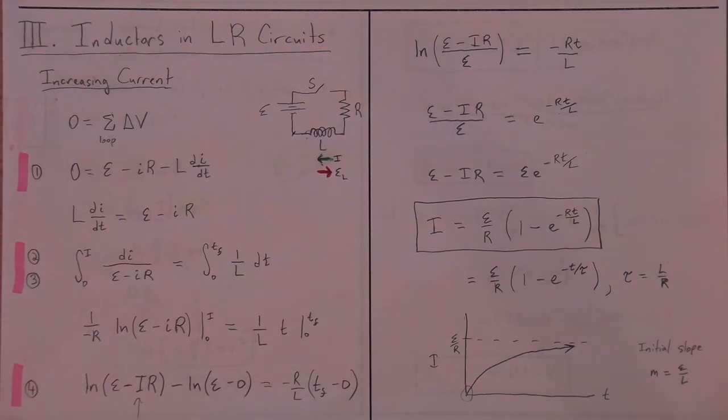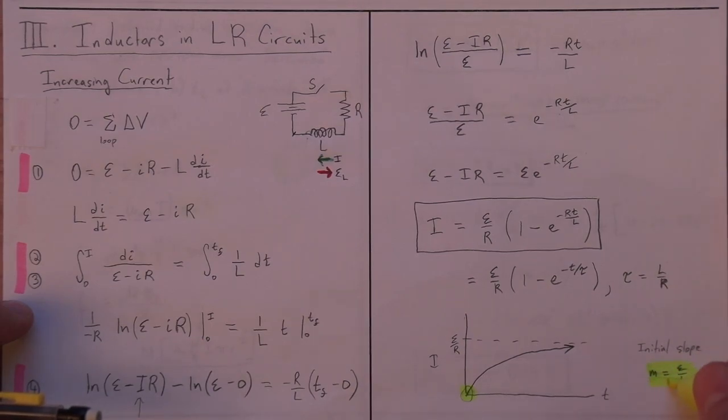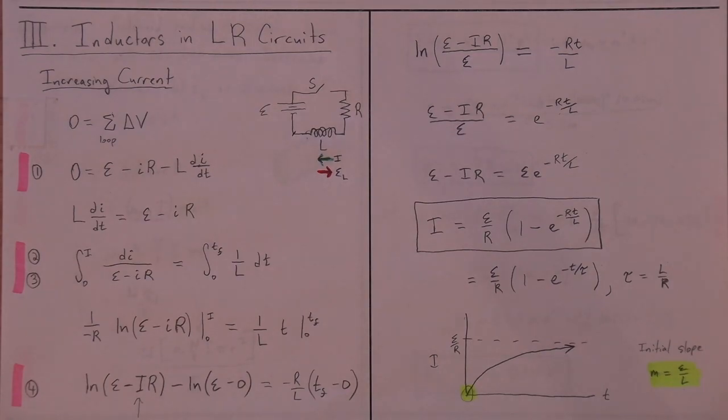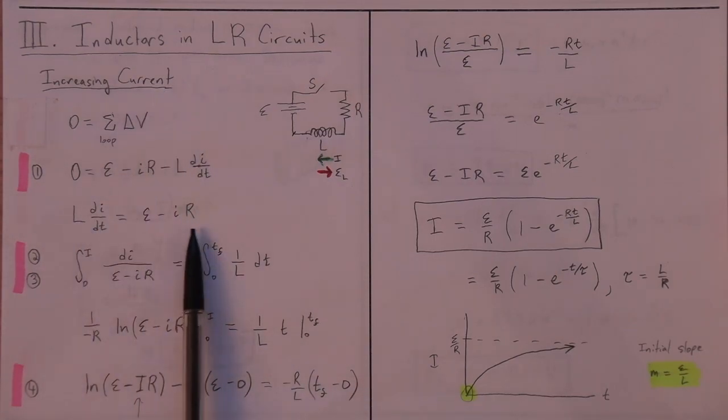Another thing I want to point out is that the initial slope, m for slope, that's usually what they use in math class for m, the slope, is mth over r. How did I figure that out? I could go back to the differential equation here and see that, oh, mth over L, sorry, that when the current is 0 in the beginning, well, I guess I could do it with this here better.